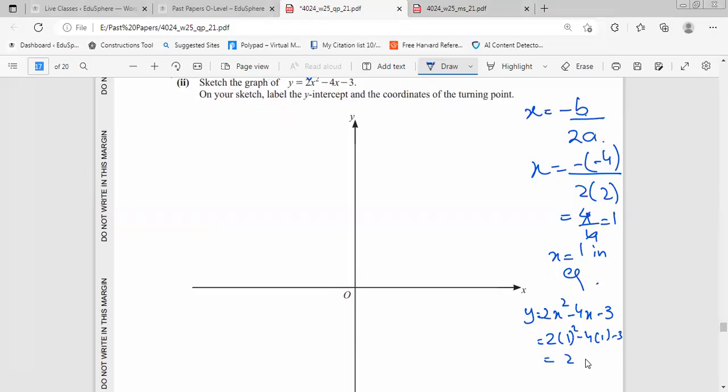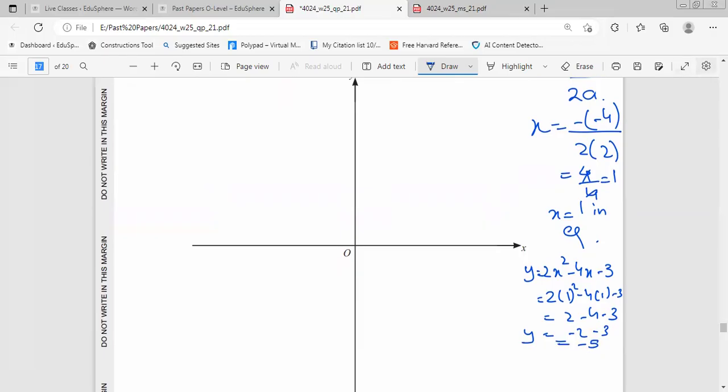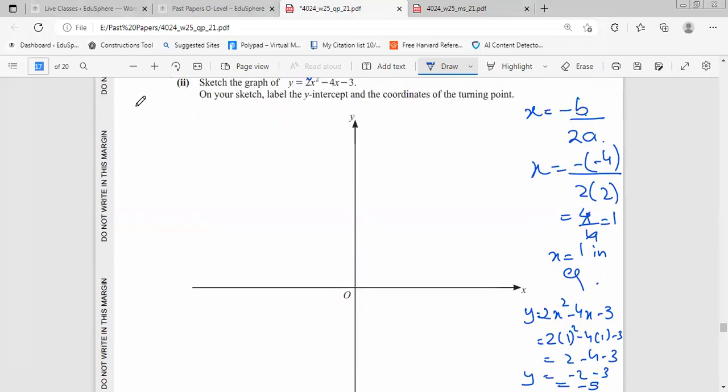So it is 2 minus 4 minus 3. 2 minus 4 is minus 2, minus 2 minus 3 is minus 5. So the value of y is minus 5, and the coordinate is 1 comma minus 5. So the turning point is 1 comma minus 5. This is the formula for the turning point.